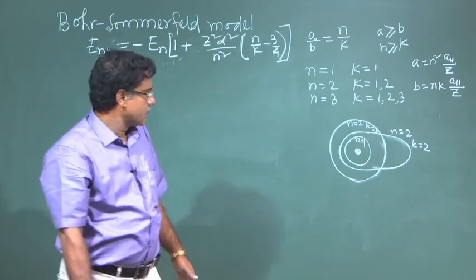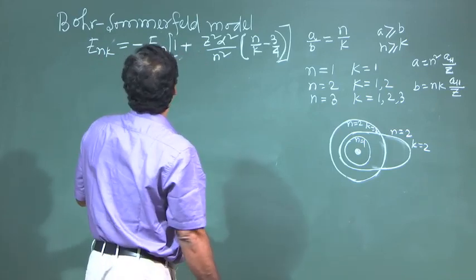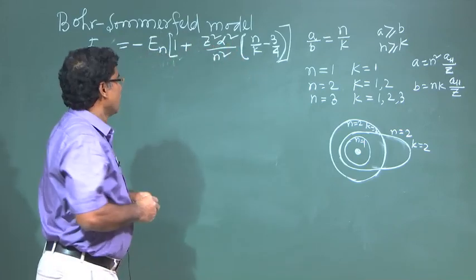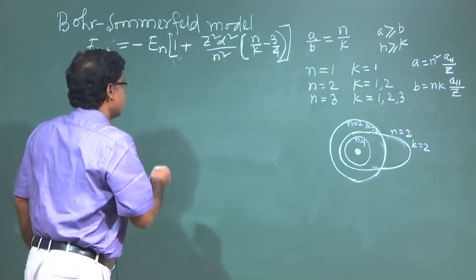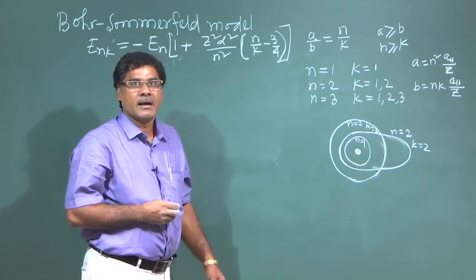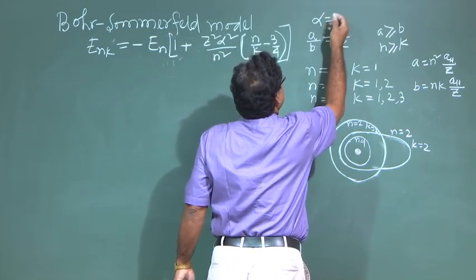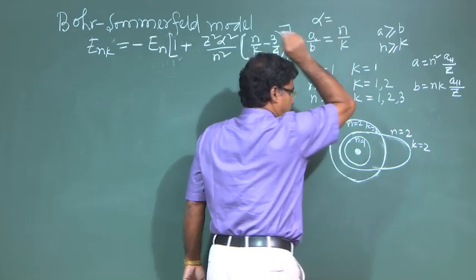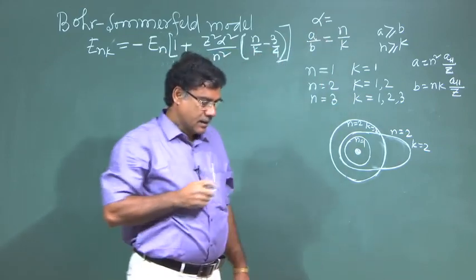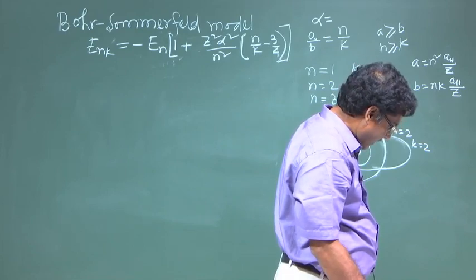Okay. So, now one thing I have not mentioned is that here I have used alpha. What is alpha? Alpha is basically a constant. It is called the fine structure constant.